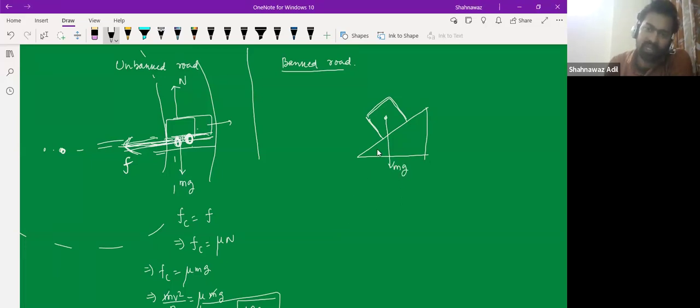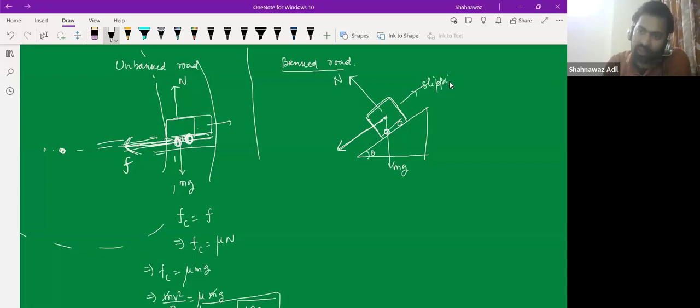Now you can see that your normal reaction is this one, at some angle theta. The wheels of this car would tend to slip in this direction.